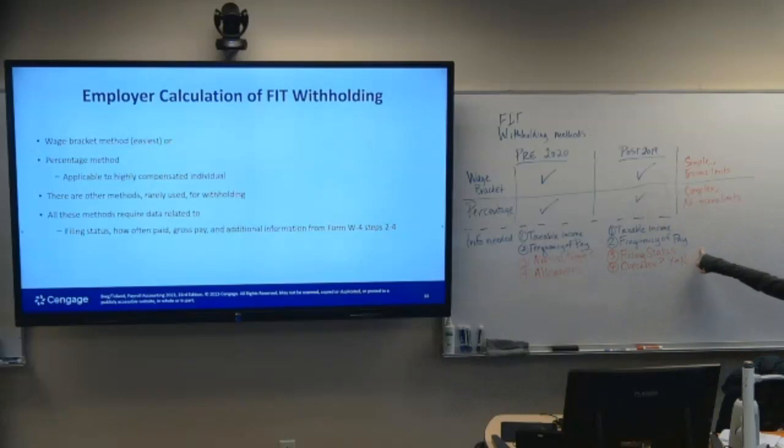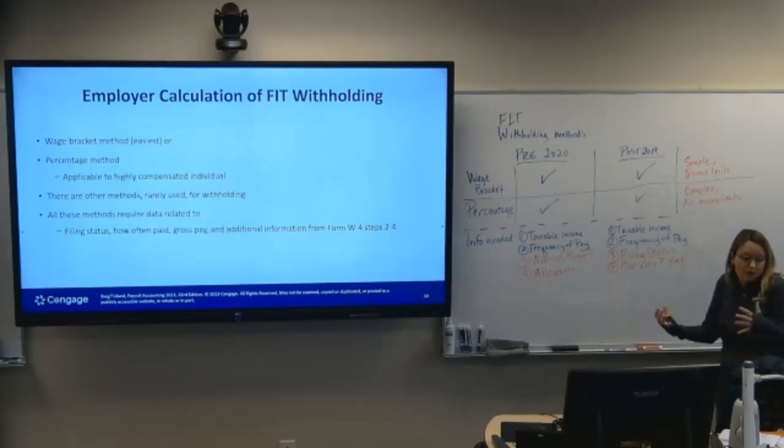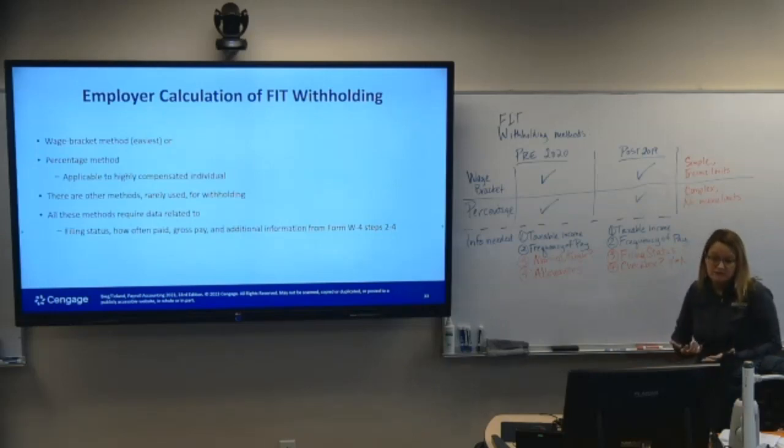And remember, we've got those 5 filing statuses: single, married filing separately, married filing jointly, head of household, and qualifying widow or widower. That corresponds with the filing status they've indicated on that W-4 form, and that filing status is what they're using on their tax return when they file as well.